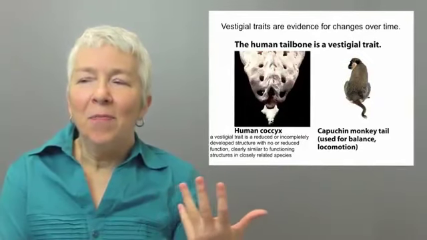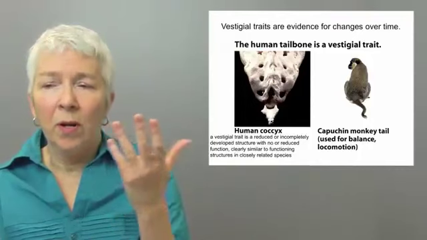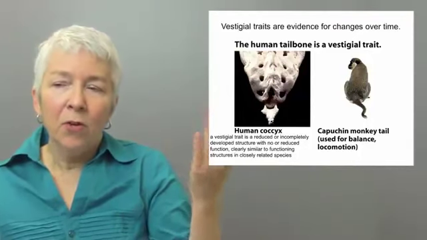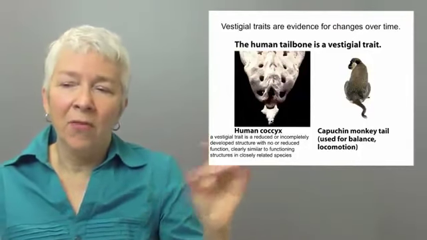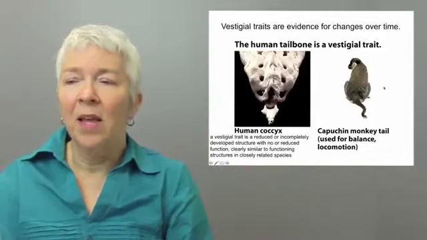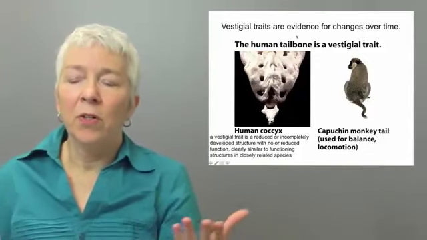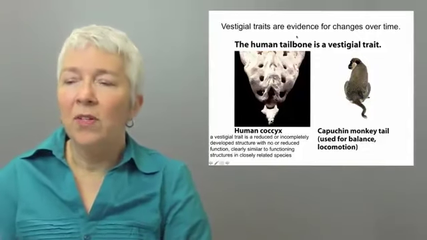This is considered evidence for changes over time, because when one compares traits in closely related individuals, such as humans and other primates, one can see examples of particular traits which are reduced in humans.